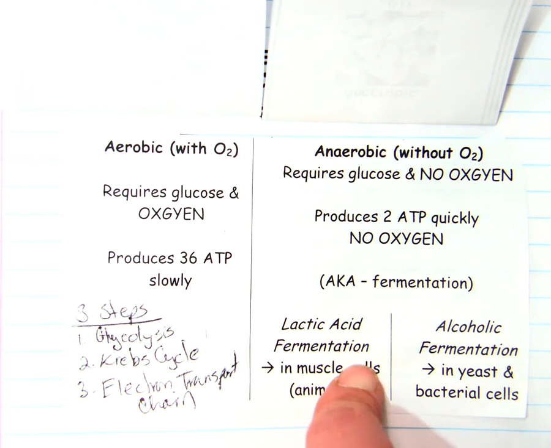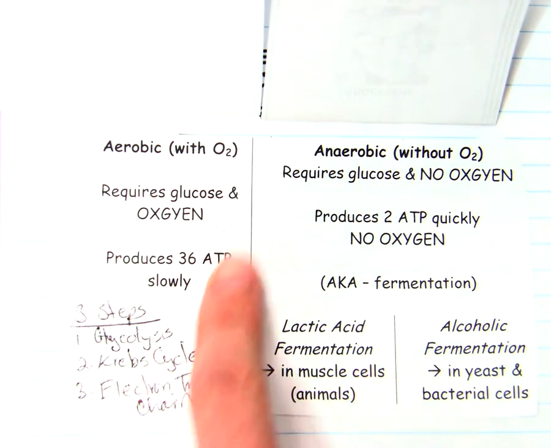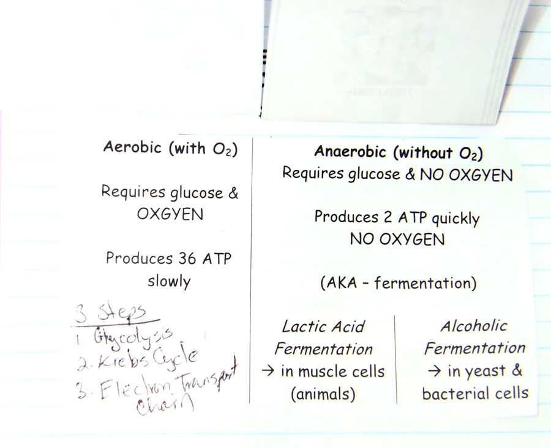That burn is from the lactic acid that builds up. You stop running, you start walking, taking deep breaths. Muscle cells switch back to aerobic, and your blood carries that lactic acid away. That's part of the reason your muscles burn when you exercise. You're not getting enough oxygen to them.